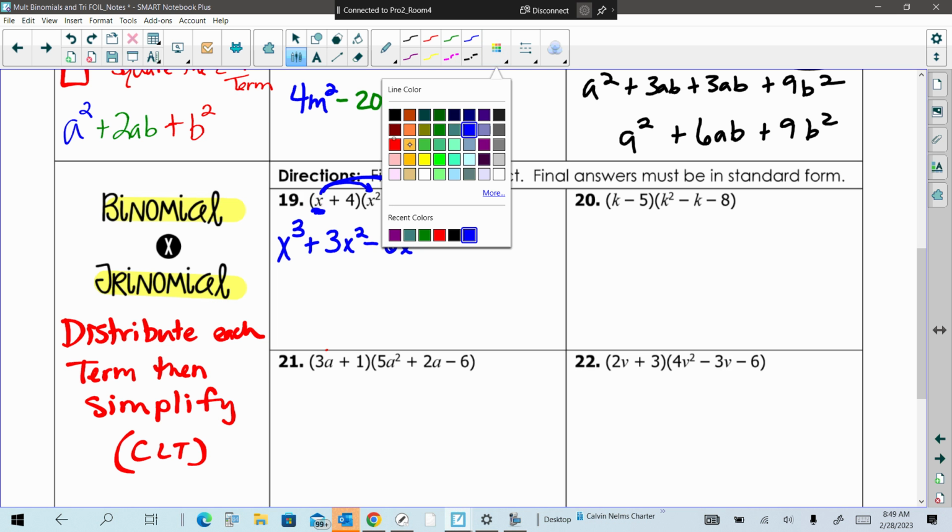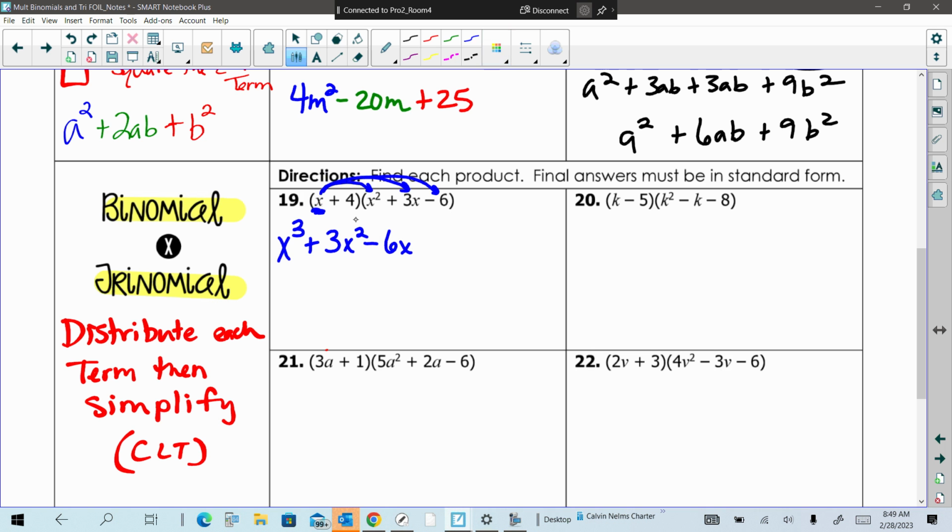Now I go to the next term. The next term is the 4. I'm now distributing that to each term. 4 times x squared. That gives me 4x squared. 4 times 3x, plus 12x. And then 4 times the negative 6, negative 24.